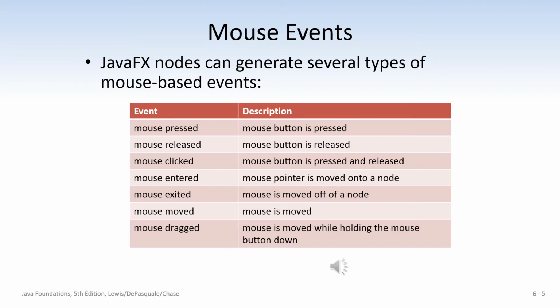So when you press your mouse, it generates a mouse pressed event. When you let go of the button, it generates a mouse released event. When you click the button, in other words, you press down, and it's also called a single click, you get a mouse clicked event.